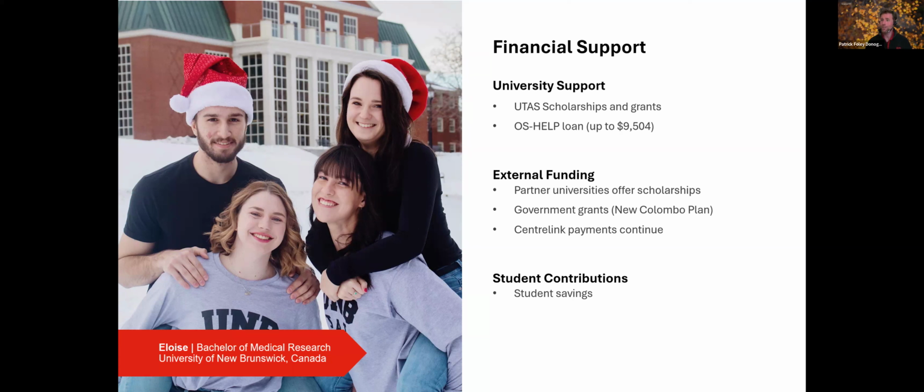I also got scholarships, I got the OS Help Loan, and I was receiving Centrelink funding. So that's how I funded my overseas program many years ago. And I would encourage students to consider those options, but also having some savings.